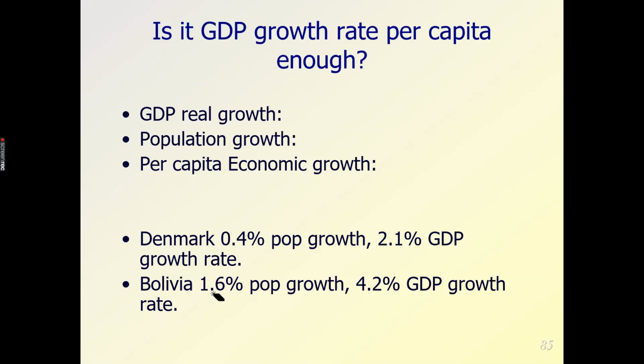Now, in Bolivia, we have a population growth that is faster than Denmark, and again their GDP growth is also bigger. So they still have a positive GDP per capita growth, because 1.6 minus 4.2, we're still talking about maybe 2% more of GDP growth, okay?